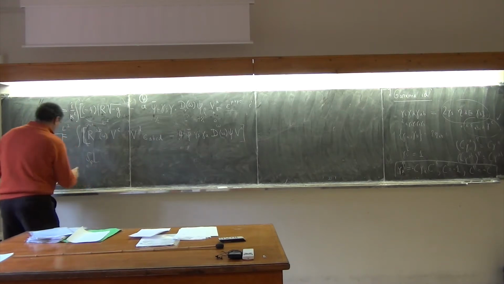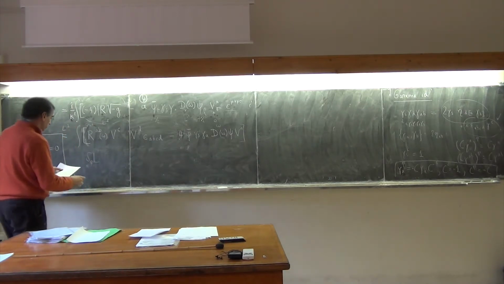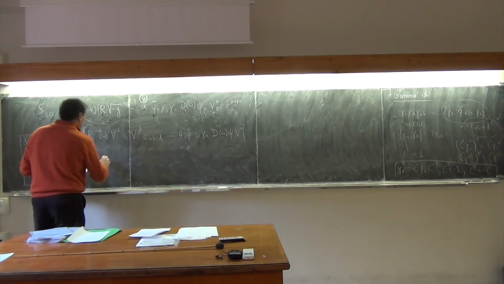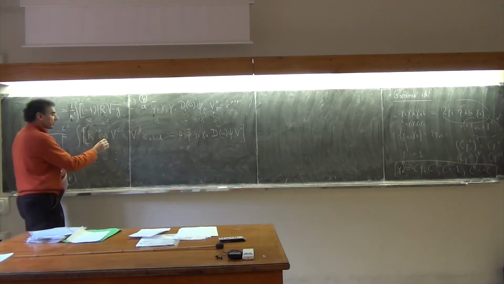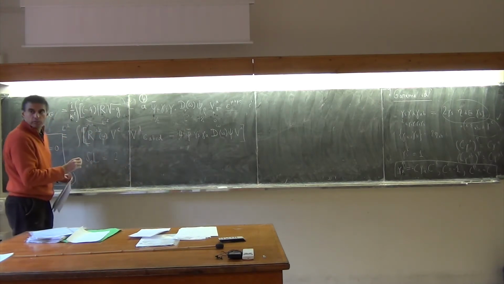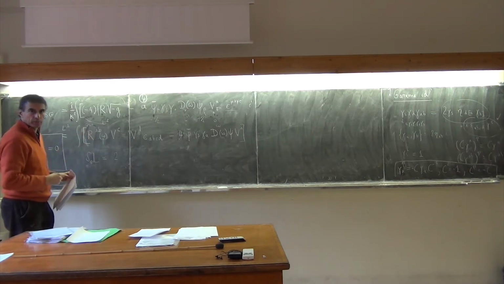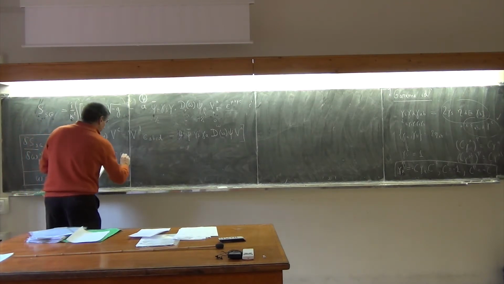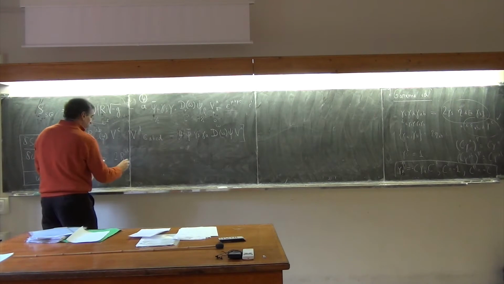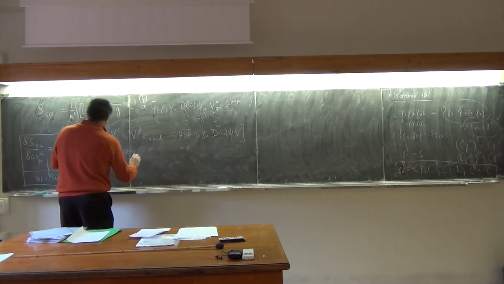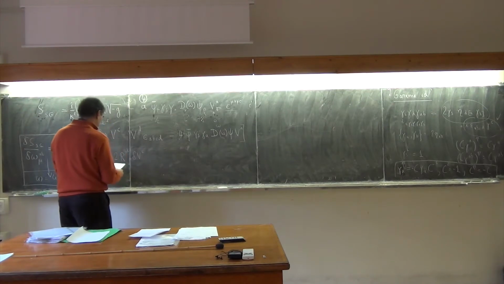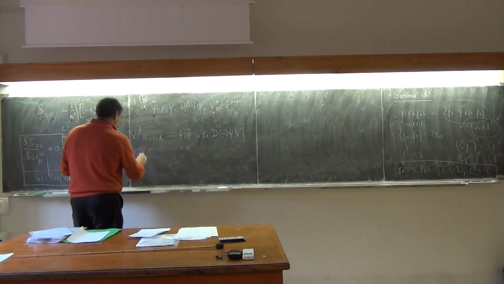Variation of supersymmetry of the Lagrangian is equal to what? So I have 2 times... Now, this is not varying because it contains only omega, and we decided that omega I can forget the variation. So this is 2R^{AB}, and then I have the variation of V^C under supersymmetry, and this I can write immediately.